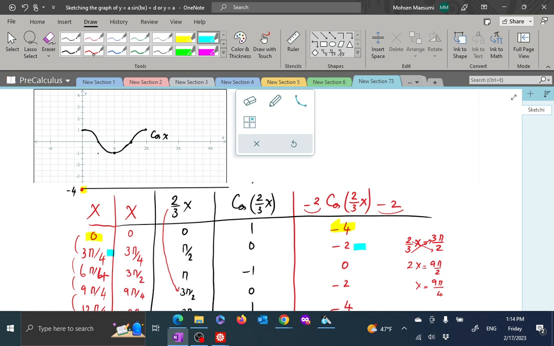So let's see. 3 blocks in, minus 2. Then 6 pi over 4 and 0. 6 pi over 4, 6 blocks. Let me mark this.